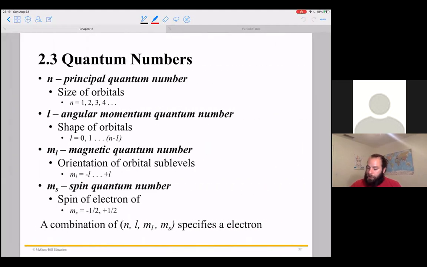So we're going to now introduce a last quantum number here. We've already been over the principal, the angular momentum, and the magnetic. Our last one is called the spin quantum number.